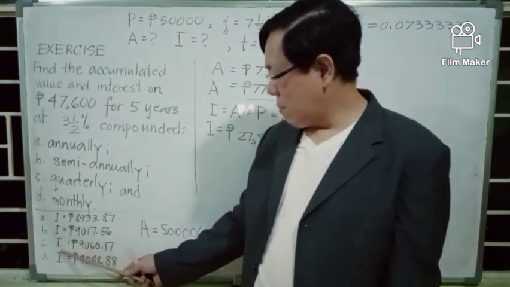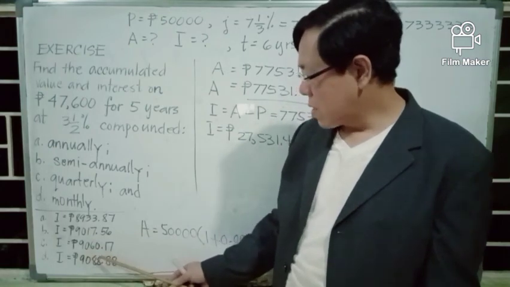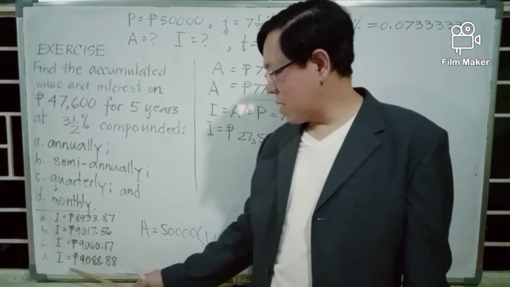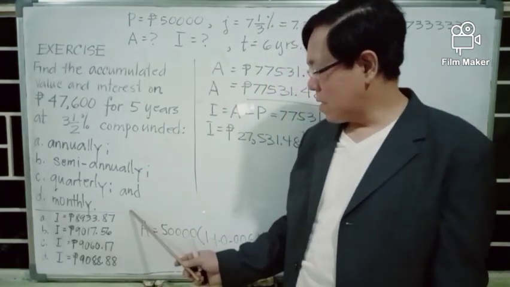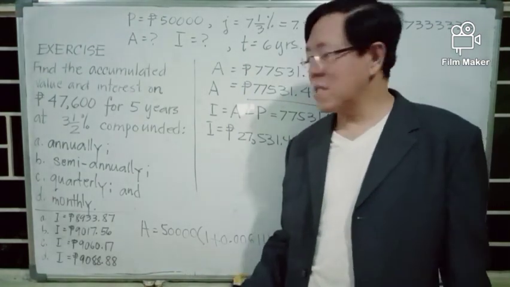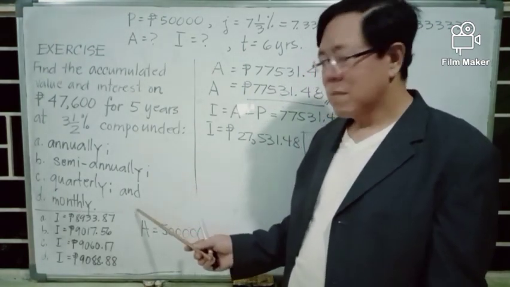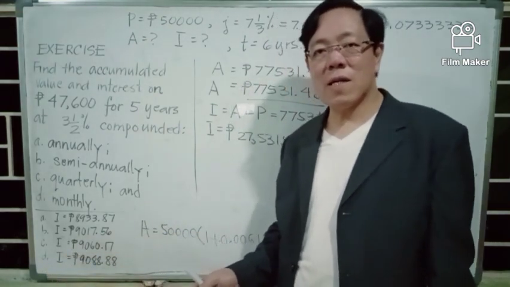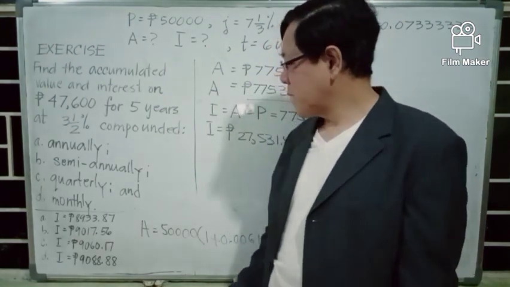For letter C, it is 9,060.17 pesos. And for letter D, it is 9,088.88 pesos. You see that the amount of compound interest increases as the conversion period gets shorter and the number of interest computations increases.